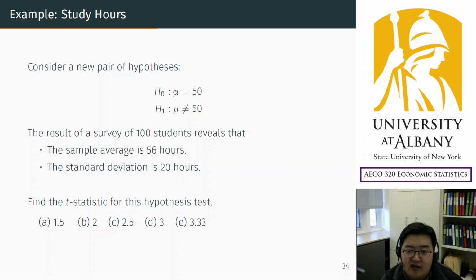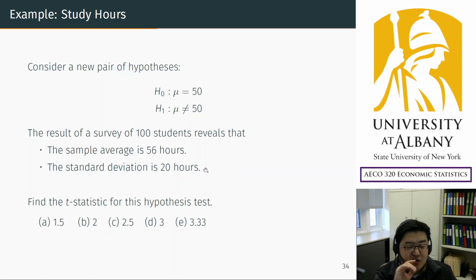So I believe that the population mean of students' study hours in the final period is 50 hours, versus the alternative hypothesis that the mean is not 50. And I surveyed 100 random students and I found the sample average of 56 and the standard deviation is 20. So this is all the information you need to apply the method, right?